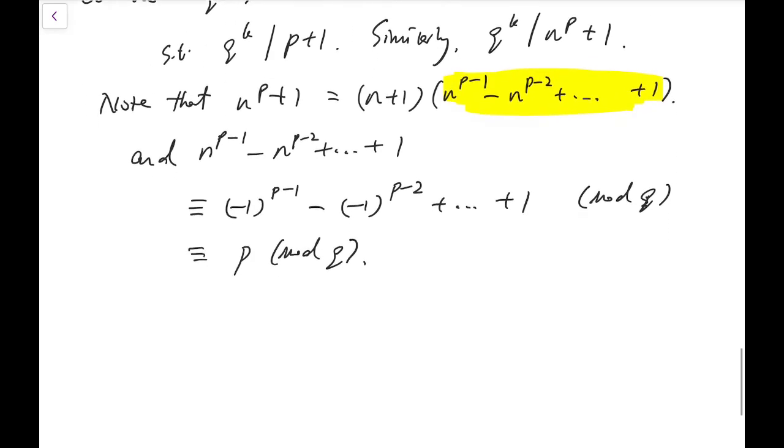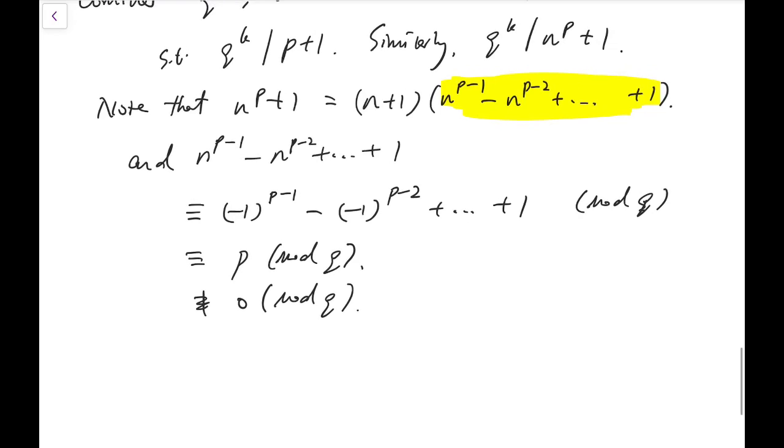Because q divides p plus 1. So it is not 0, just what we want. So we know that this q to the k should only divide n plus 1, but not the bunch. Given that it divides n to the p plus 1, it would divide n plus 1.